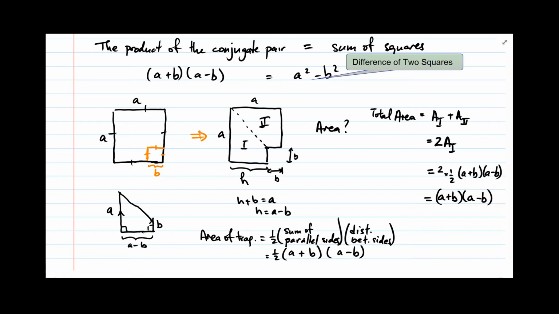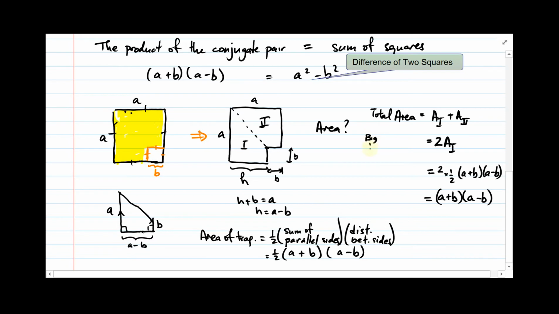Alright, let's look at this area in a different way. I could look at it as the big box, that is the big square, minus a smaller square. Big square has an area, right?